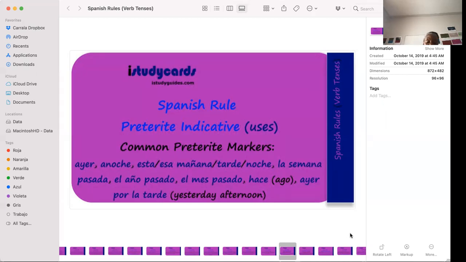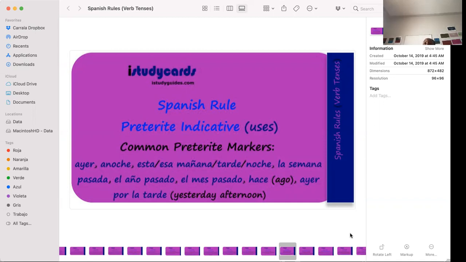La semana pasada, el año pasado, el mes pasado, hace. Remember we talked about that in the present tense, even though it looks like the present tense, in English it is translated as the past. Ayer por la tarde, yesterday afternoon.